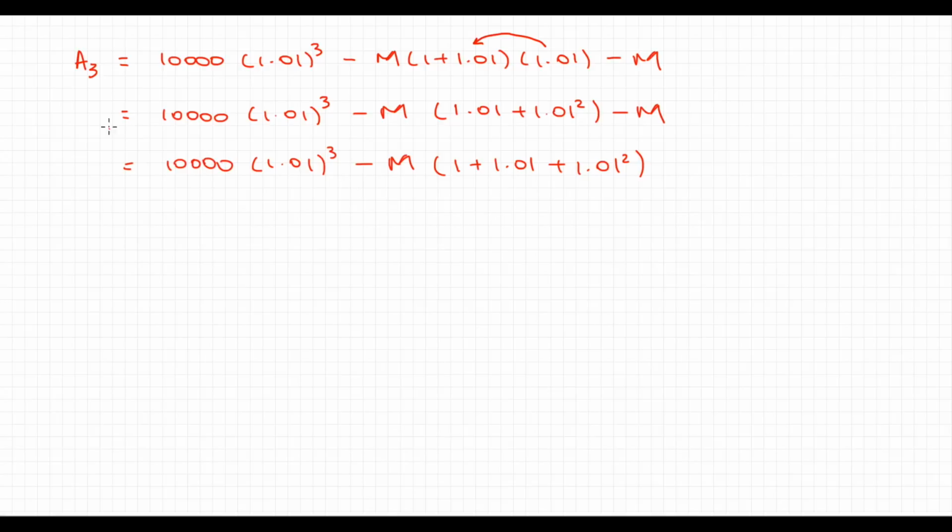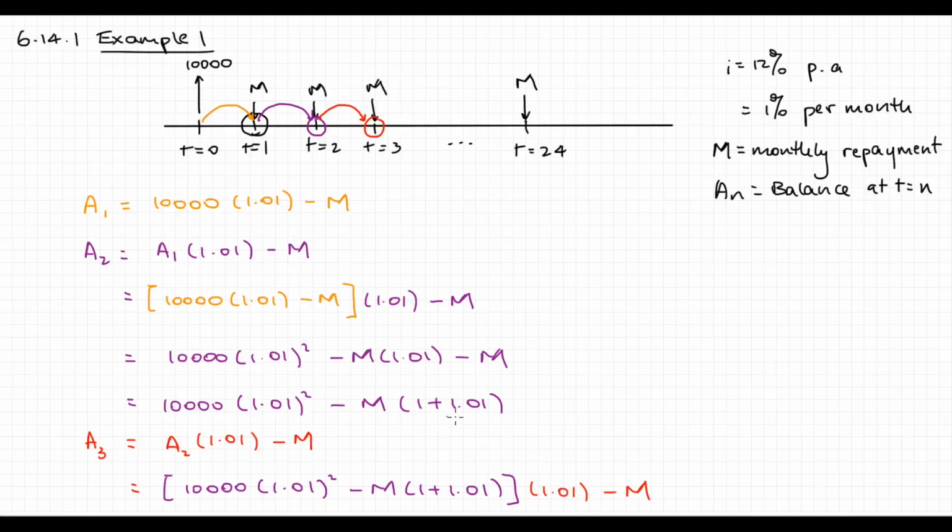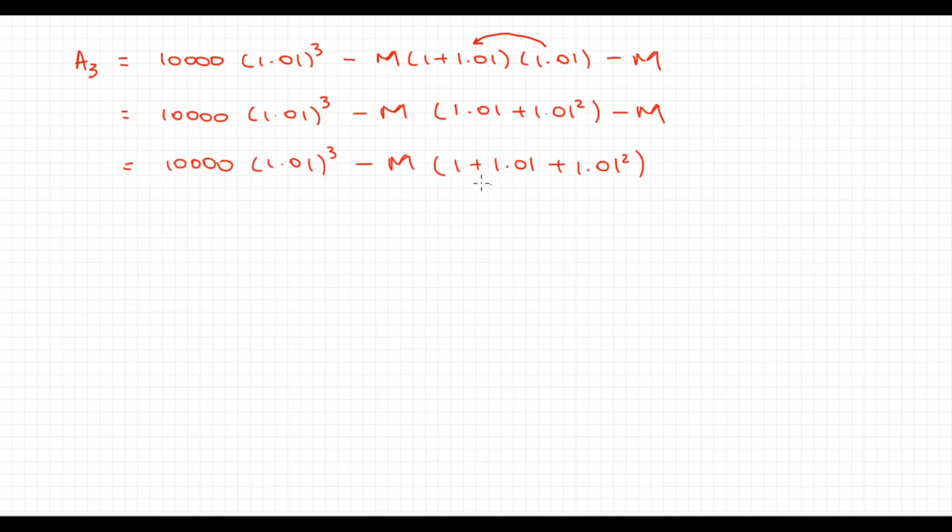And by now, this is the reason why I do it up to A3, and why I didn't, for example, in the previous part with A2, write the 1 plus 1.01 as 2.01, because what I'm looking for is a pattern.